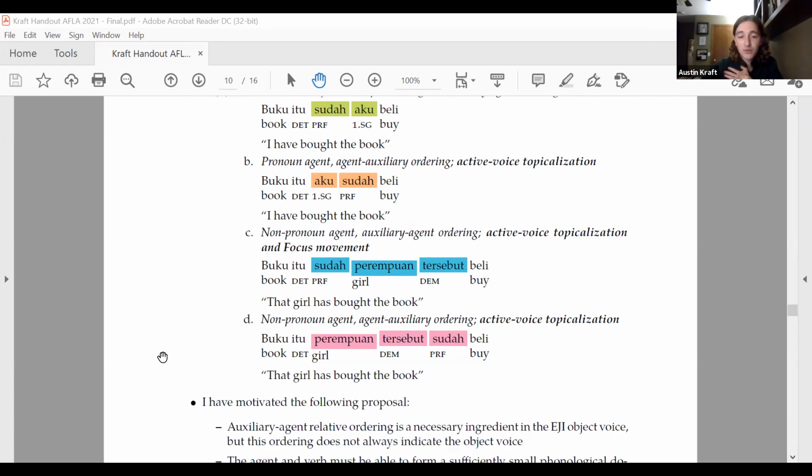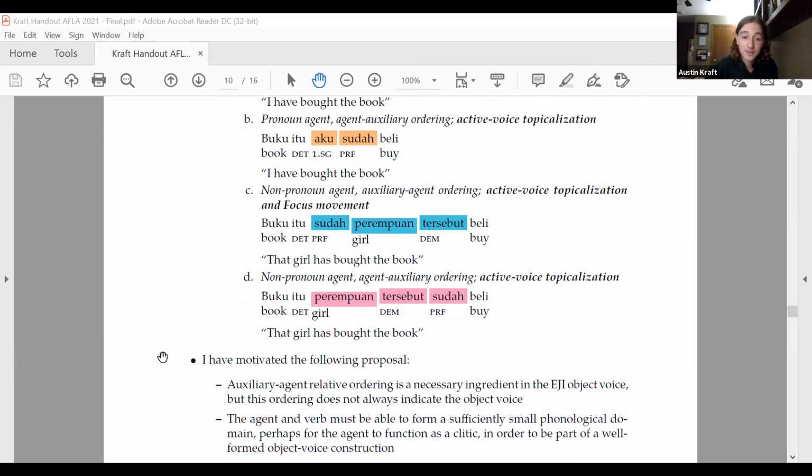And part of the proposal thus is that auxiliary-agent relative ordering is a necessary ingredient in the East Javanese Indonesian object voice, as 2B shows us that it's necessary, but 2C shows us that it's not sufficient to indicate the object voice. Just because we have surface level word ordering suggestive of the object voice, it doesn't mean that we have the object voice.